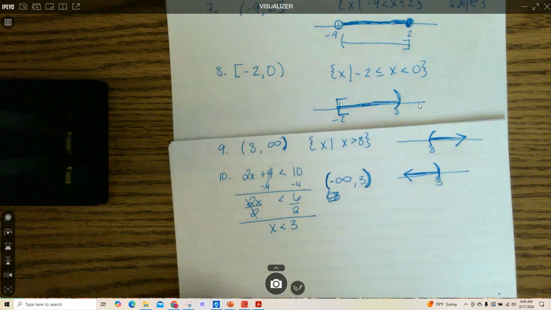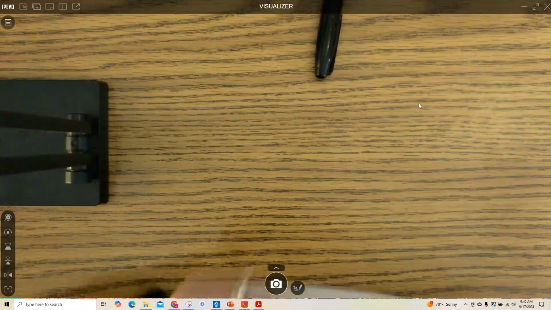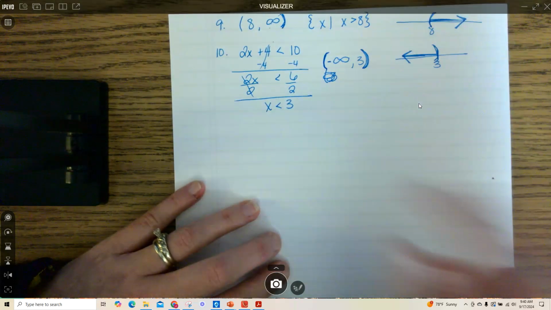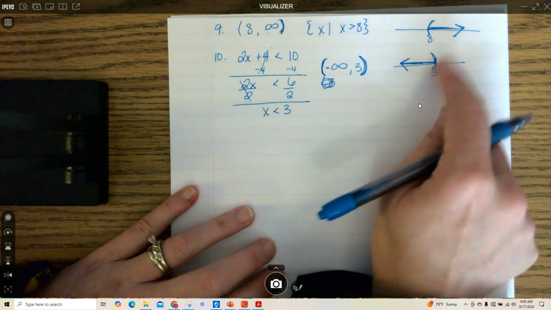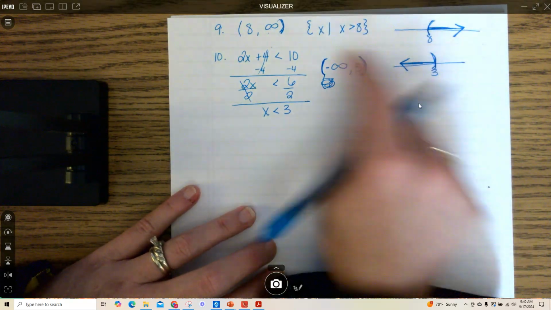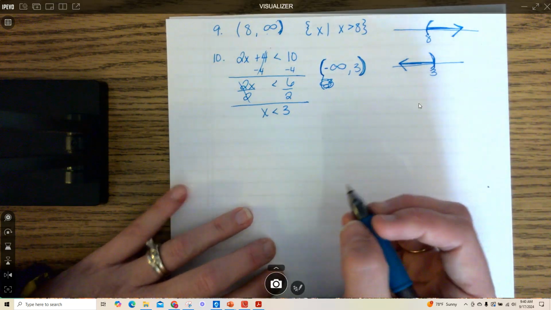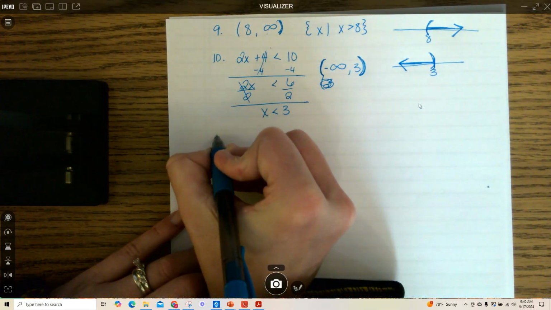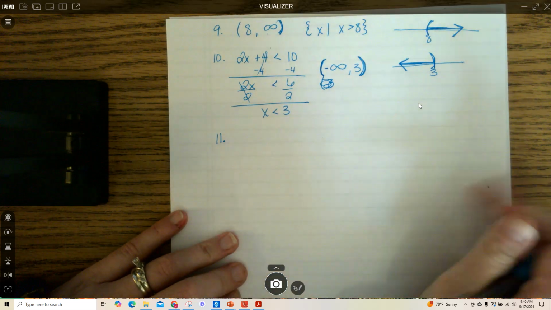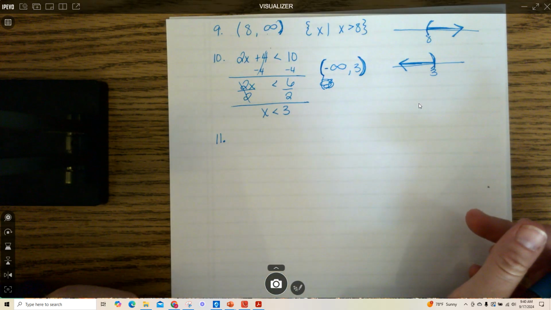So make sure you type the parentheses in. Okay, so what was the number line? The number line should be 3 with a parenthesis and the arrow going to the left. The parenthesis should be a closed parenthesis. Don't forget, you have to make sure it's negative.